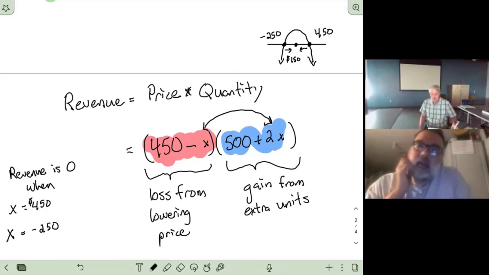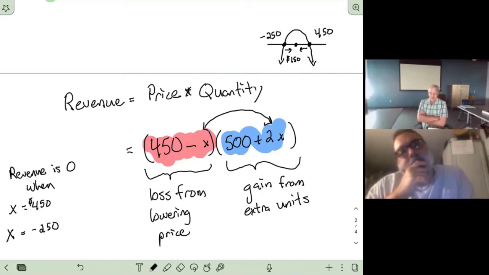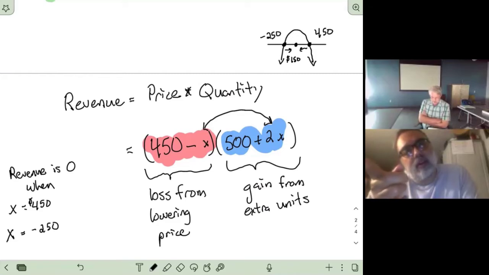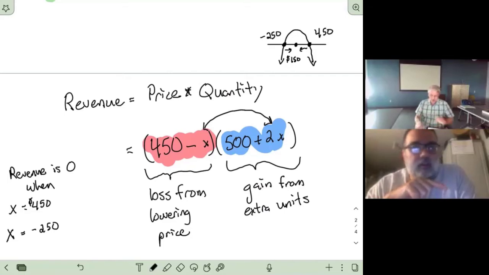So you want to lower the price by $150, thinking of this as a parabola that captures the offset. I don't think that's balanced, though, because it would be 300 up to 450, but 300 down would be negative 150. Oh, you're right.